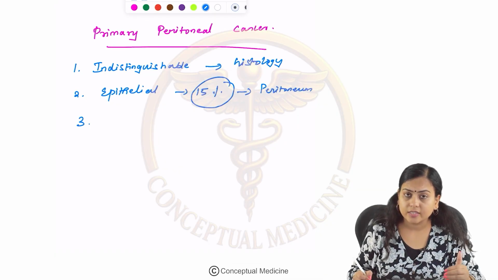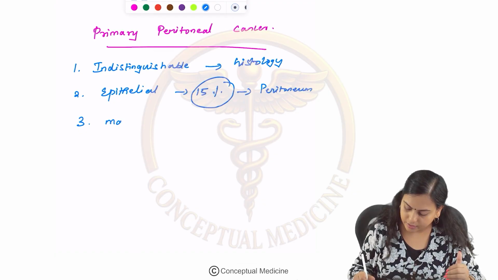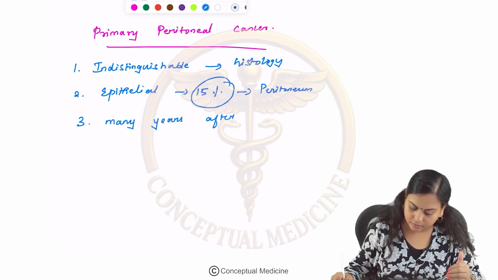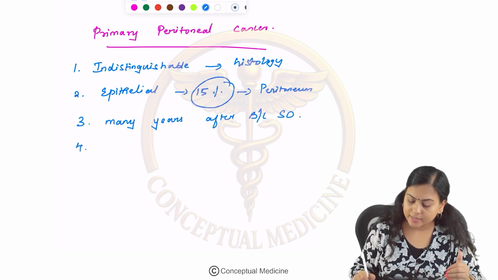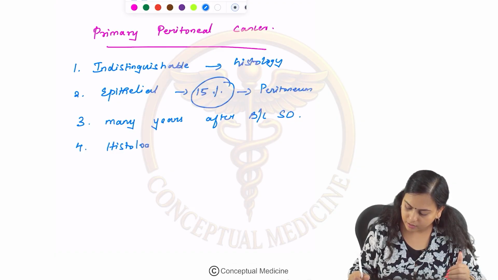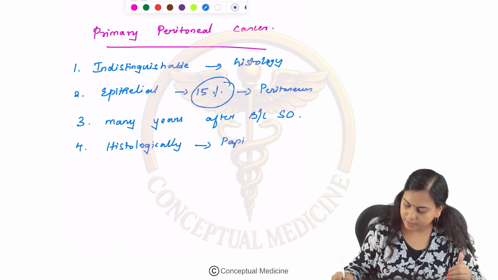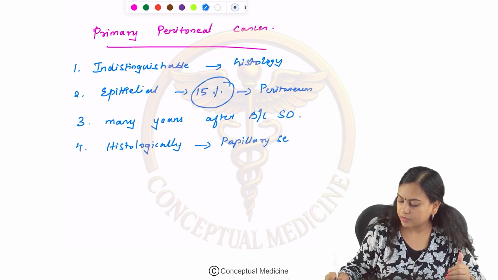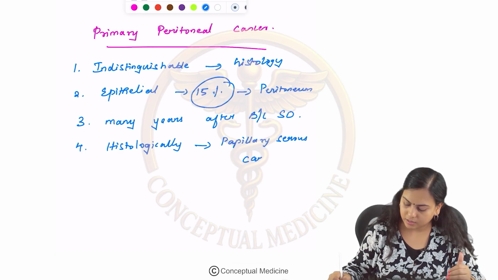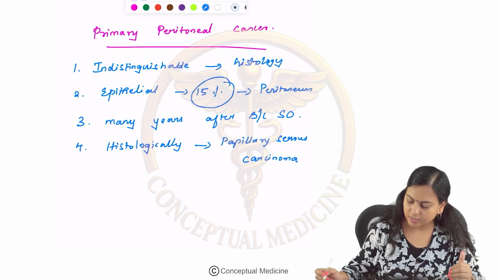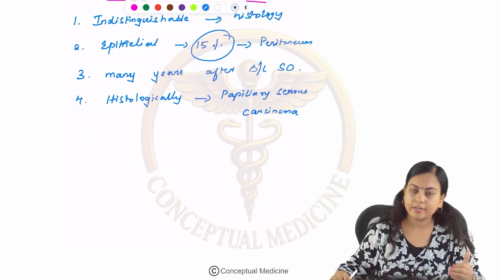You have to know that these tumors can arise many years after bilateral salpingo-oophorectomy, and histologically speaking, peritoneal carcinomas are mostly papillary serous carcinoma that can be moderately to poorly differentiated.